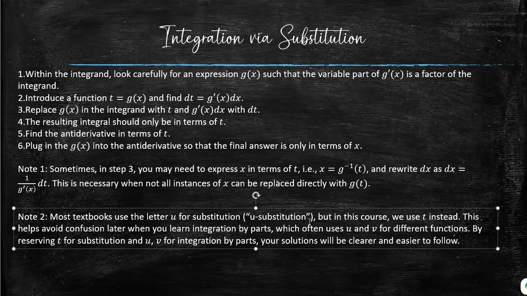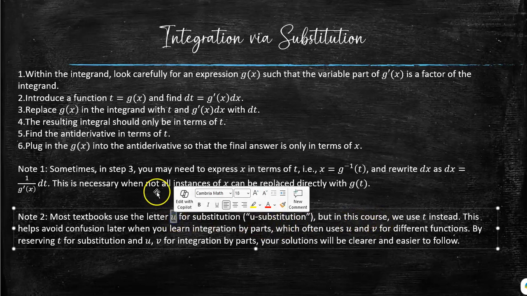So when you're using the same letter for two different techniques, it creates confusion and takes away clarity. In this class, we consciously are not going to use letter U for substitutions, but use letter T instead.